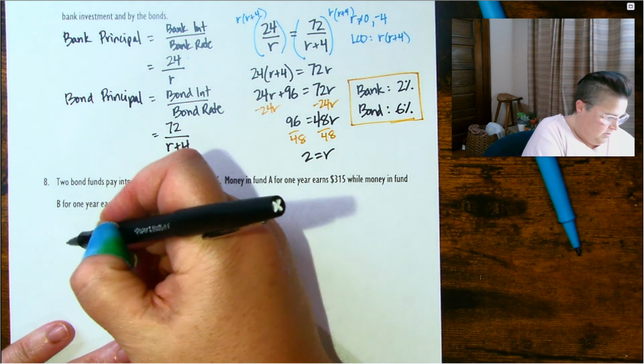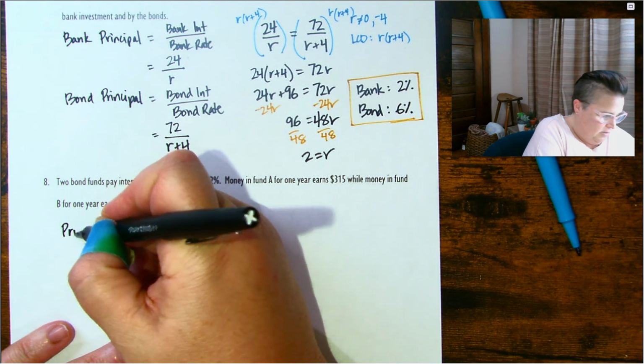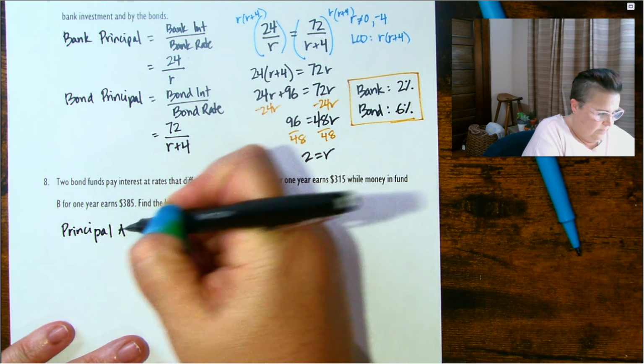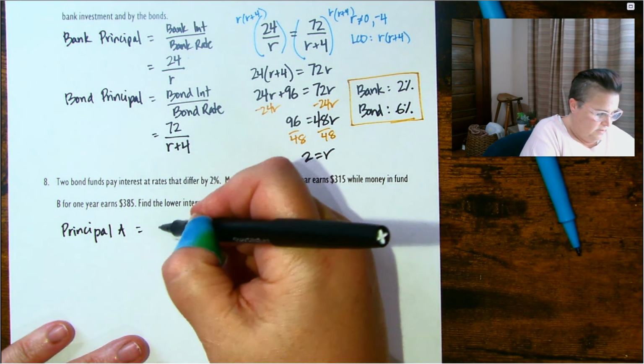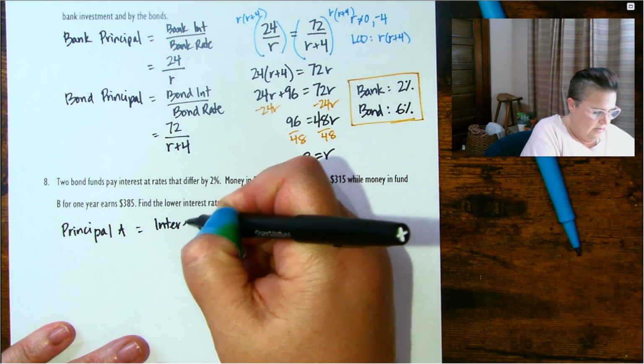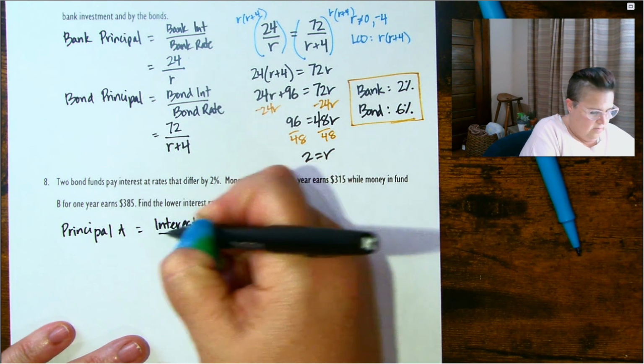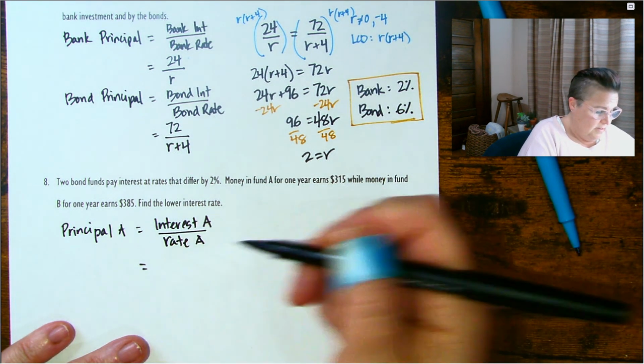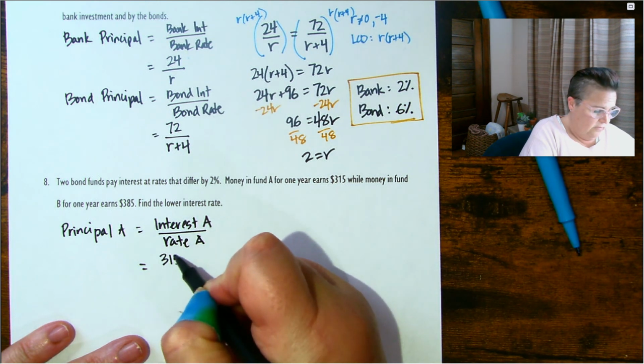Okay. So principal A is going to be the interest A over the rate for A. In this case, the interest A is $315.